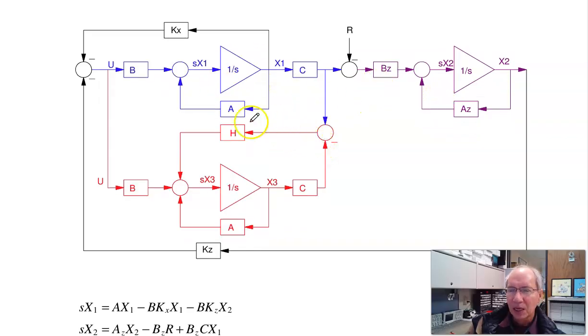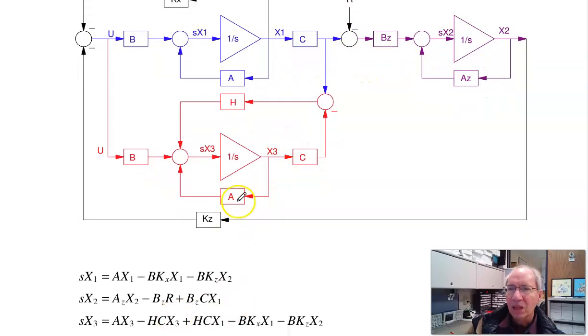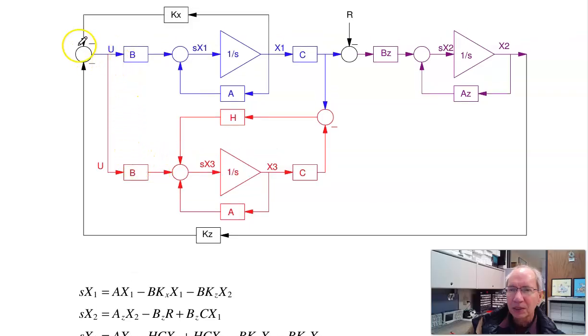Combine them this way, I wind up with, here's your x1 dot is A x1 minus B Kx times x1 minus B Kz times z, times x2. x2 dot is Az x2 plus Bz times C x1 plus minus Bz times r. x3 dot is minus HC x3 plus HC x1 plus B times minus Kx x1 plus B times minus Kz times x2.